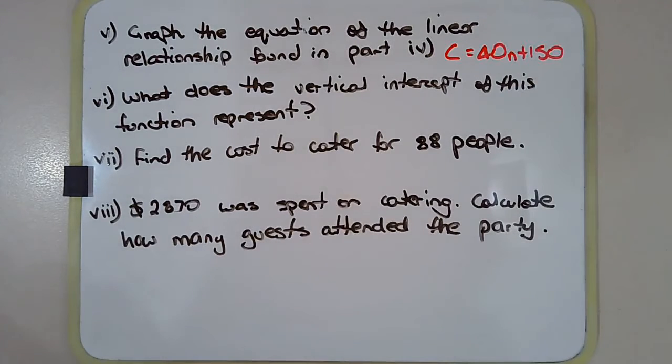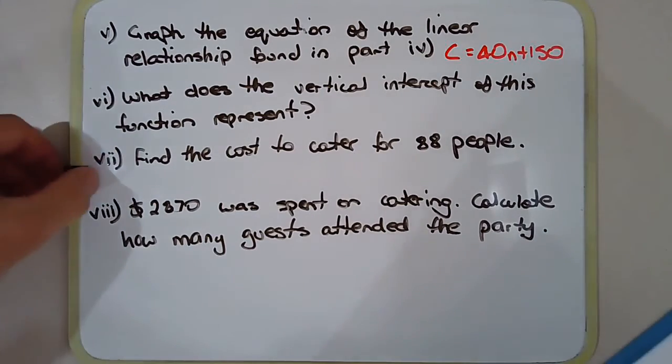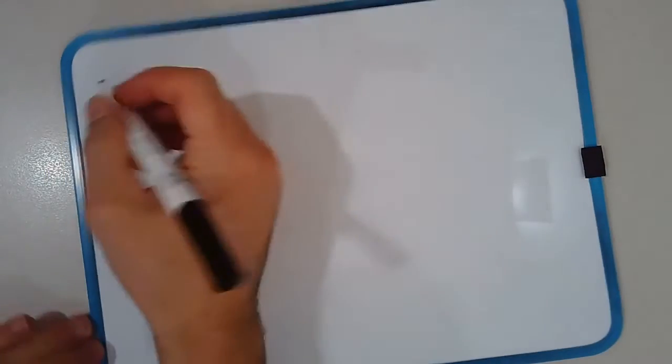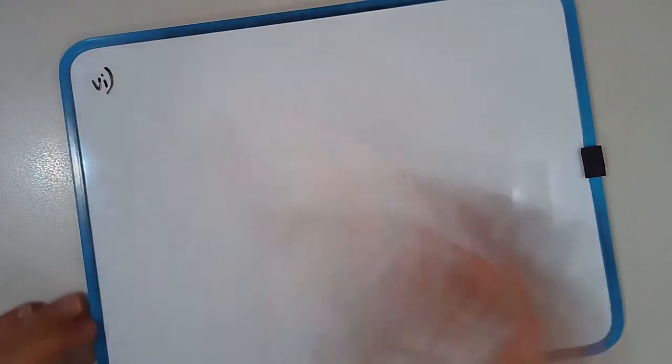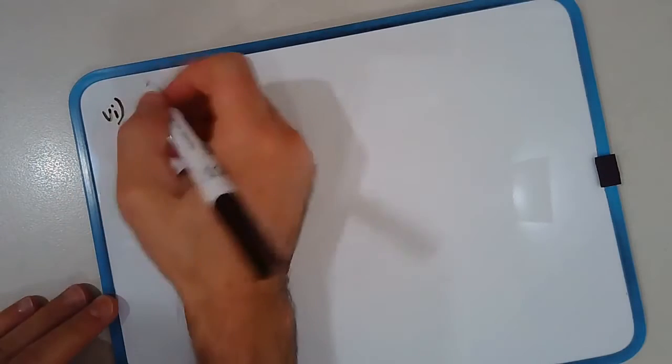The vertical intercept of the function, in this particular situation, is like an absolute minimum charge, even if you had no guests. So I might just put the solution here. What does the vertical intercept of this function represent?